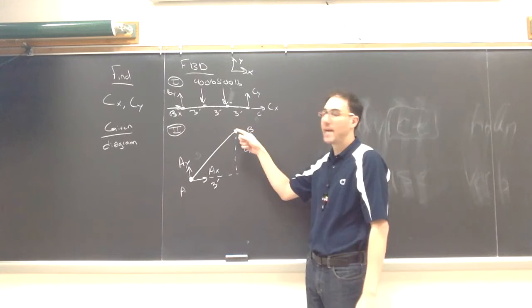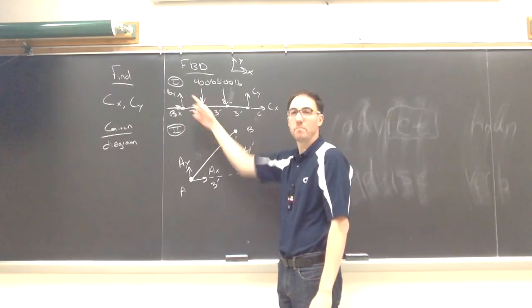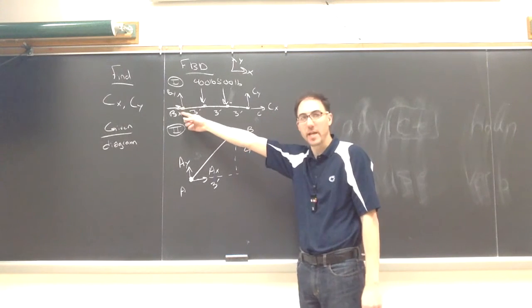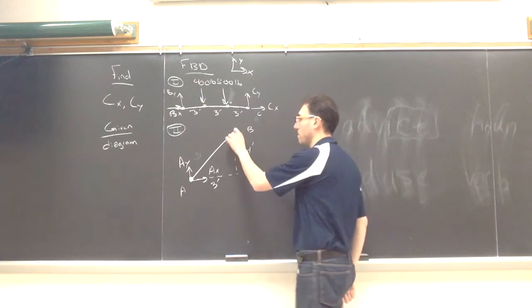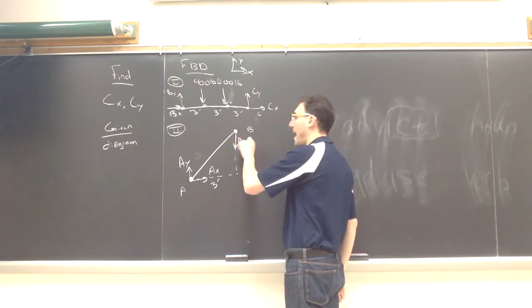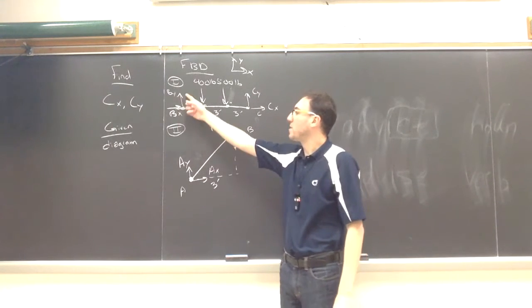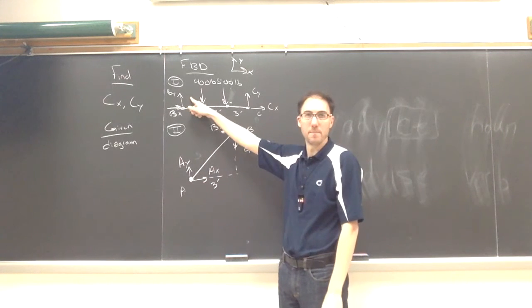What I have to pay attention to is I assumed in my first picture BX was right, BY was up. Crucial step here: whatever I assumed there, I must make the opposite assumption here. What I'm drawing in the first picture, BX, BY, is what member 2 does to member 1.